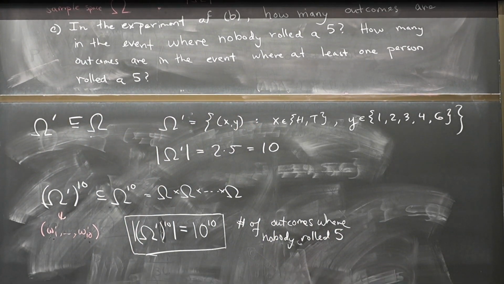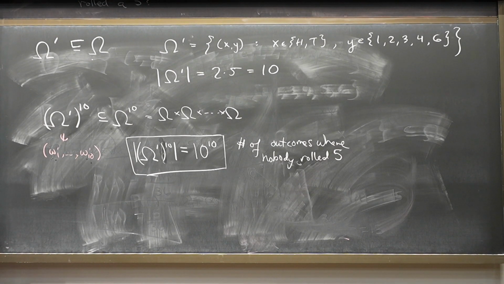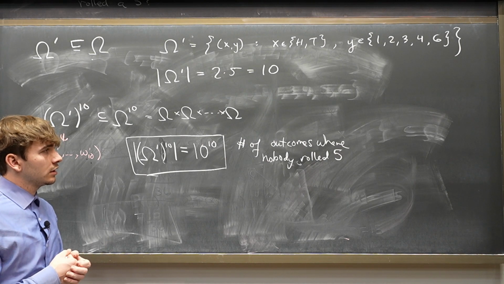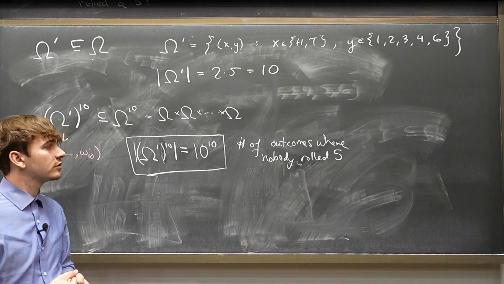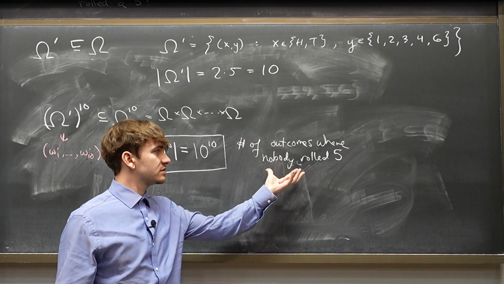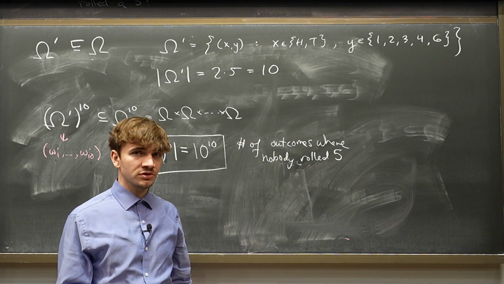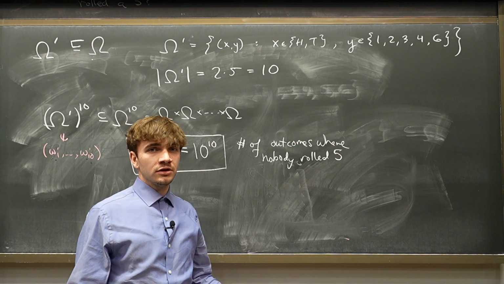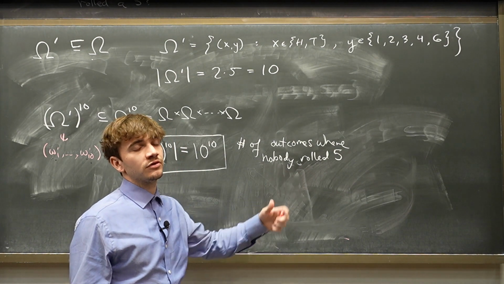Okay? And then the last part of the question was to determine the number of outcomes where at least one person rolled a 5. Well, this is actually simple because this is the complement of the number of outcomes where nobody rolled a 5.